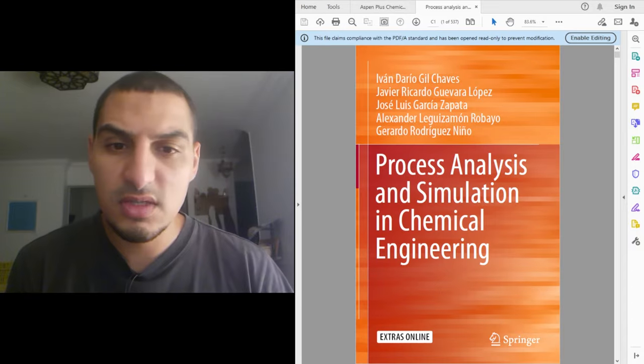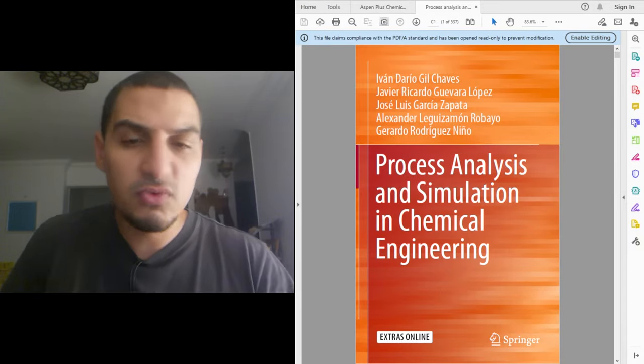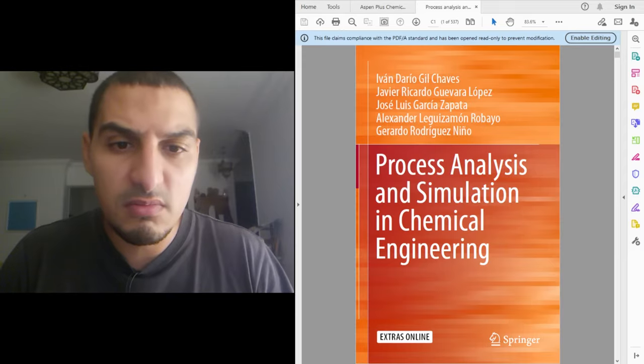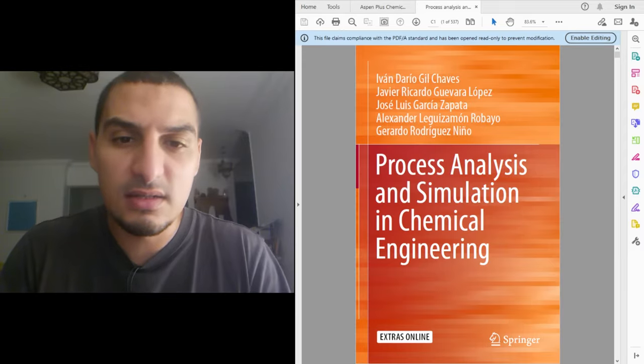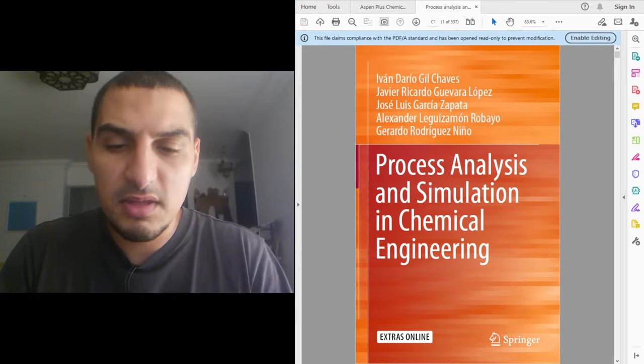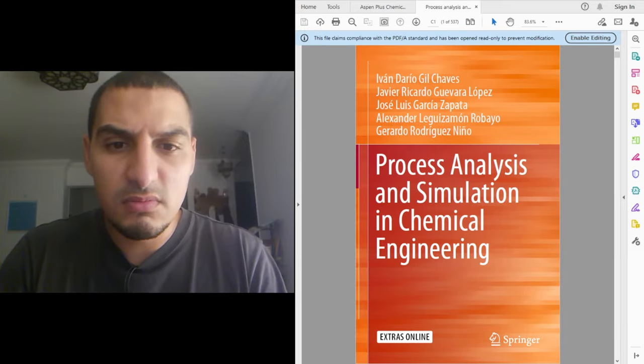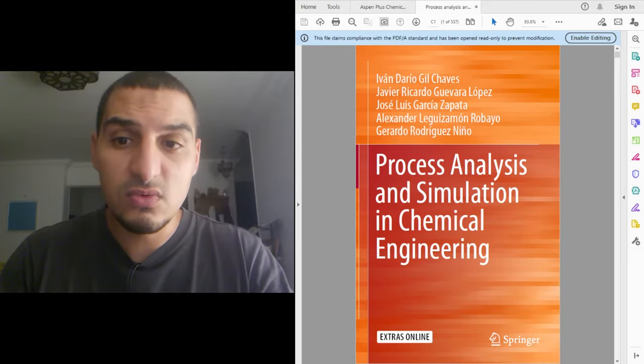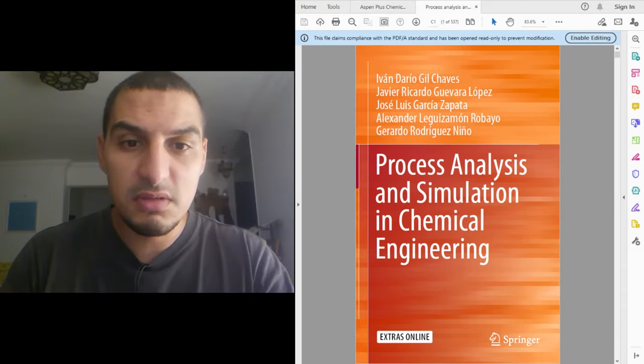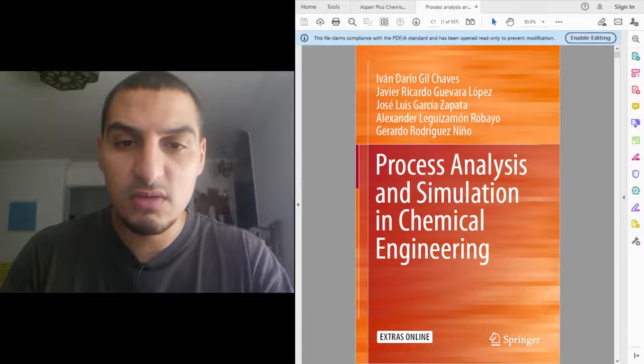Before we talk about the textbooks, the word Aspen is an abbreviation of Advanced Simulation for Process Engineering, I think. This software was originally just standalone software that you purchase or install on your computer.